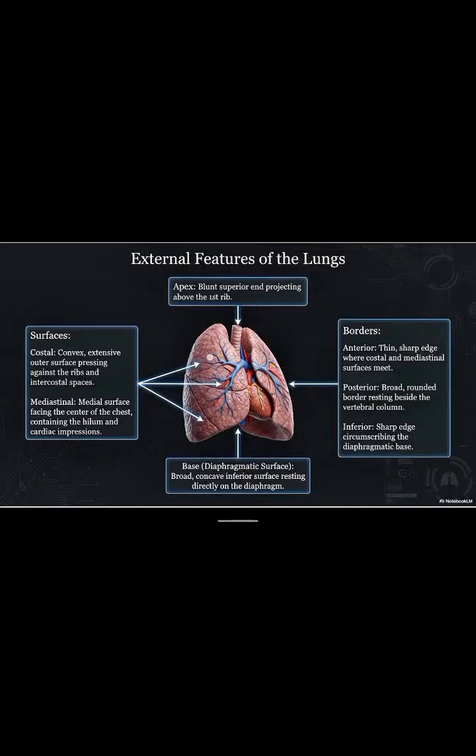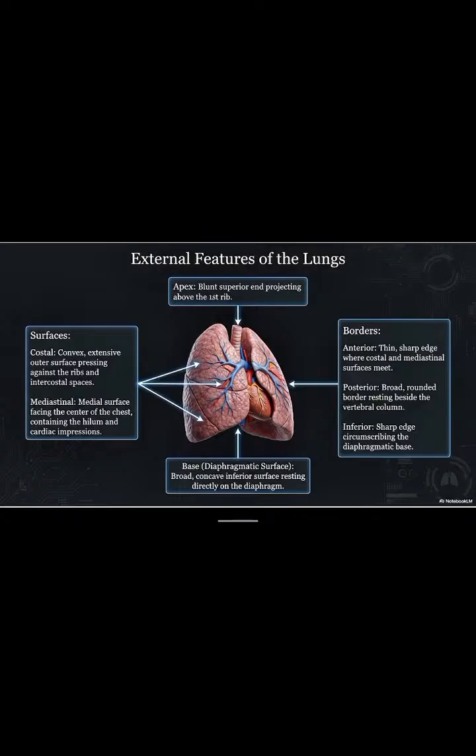The surface of the lungs, which is this anterior surface, facing the sternum and the ribs, is what's called the costal surface. While the mediastinal surface is the surface facing the heart, because the mediastinum is like a space which contains the heart.